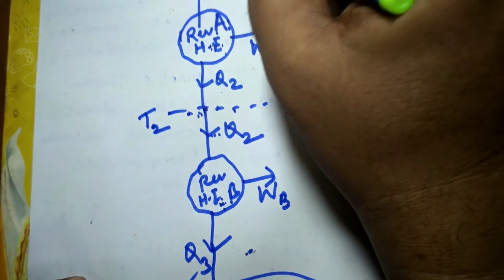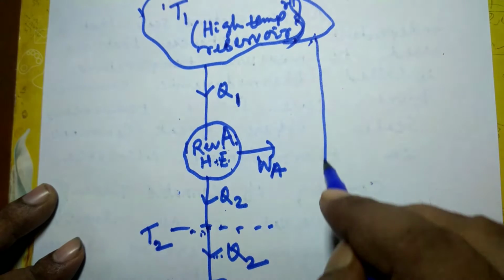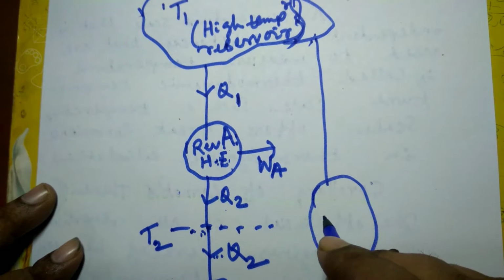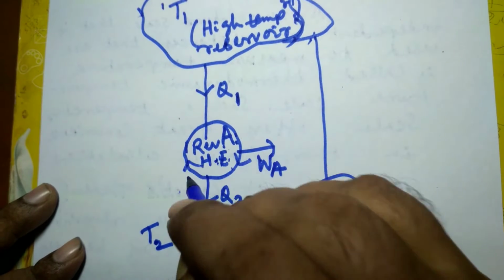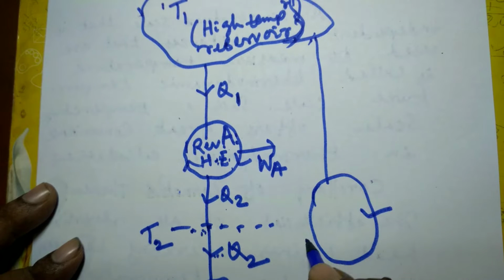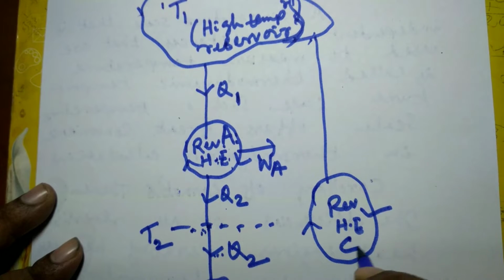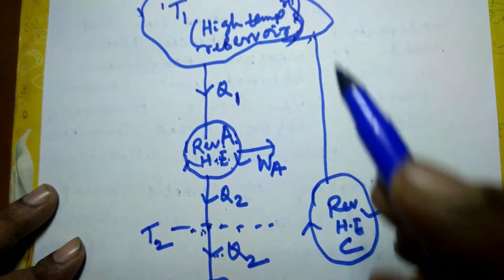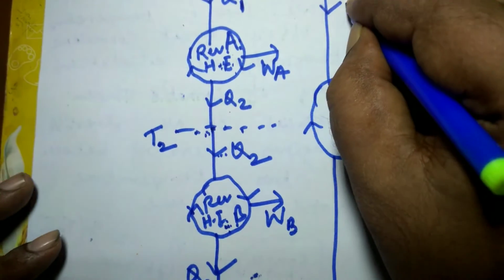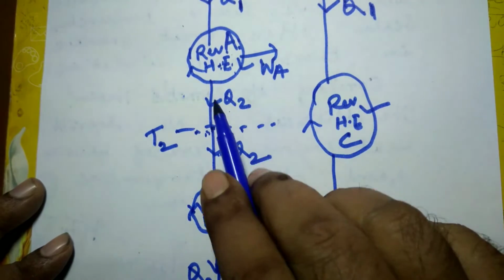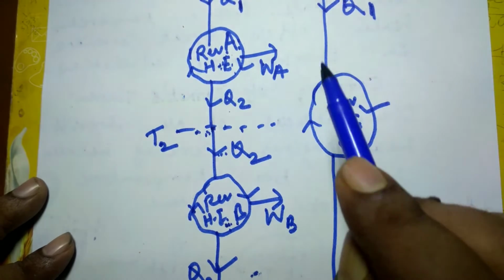Suppose at the same time there is another heat engine, C. All these are cyclic devices, clockwise devices. So another reversible heat engine, C, operates between the same two temperatures T1 and T3, and both heat engines A and C are getting the same amount of heat Q1 from the source.